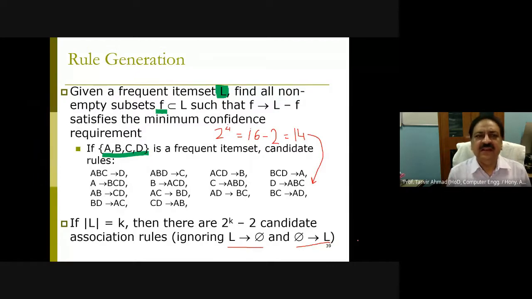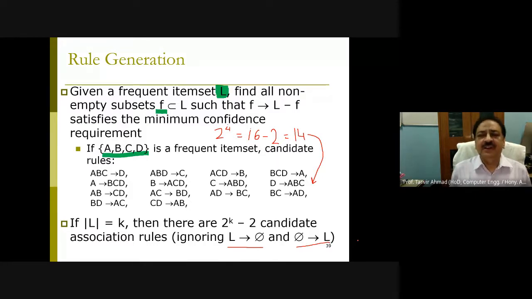And this is how you generate rules from the list of frequent items. Now, try to find the complexity involved. I have only one frequent item set containing 4 items, and you generate 14 rules from this. The length of the item set is only 4, and you get lots of rules which are not interesting.